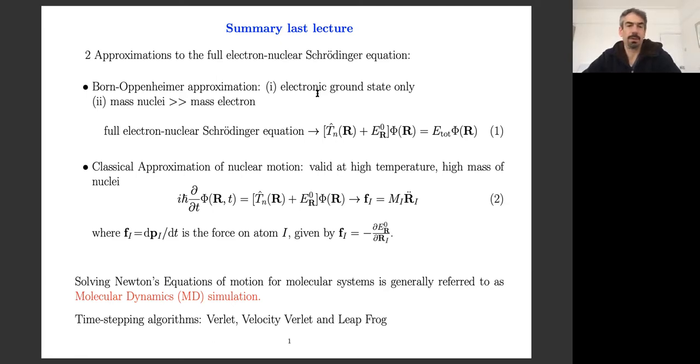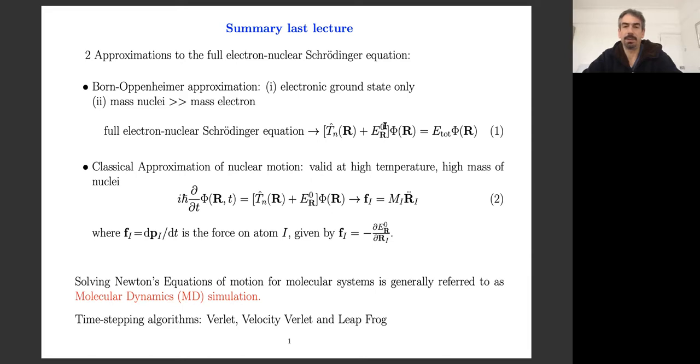The second was that we took advantage of the fact that the mass of all the nuclei is much larger than the mass of the electron. And so we could go from the fully coupled electron-nuclear Schrödinger equation to something much simpler, which was just a Schrödinger equation for the nuclear wave function, phi of R.